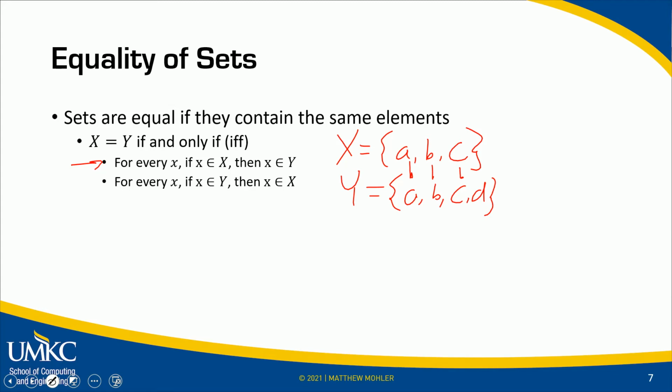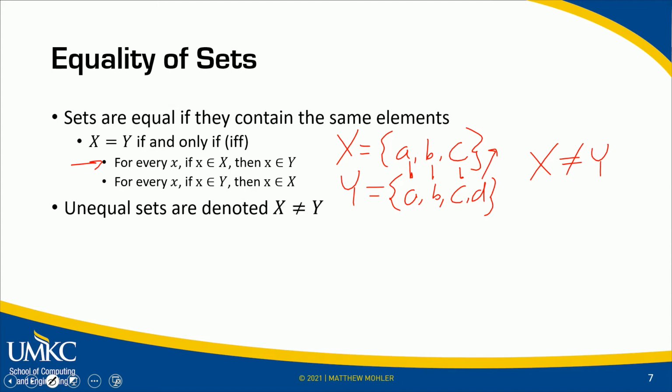But when we look the other way, we'll see that D has no matching element. And so in this case, X is not equal to Y. And if you notice, unequal sets are denoted as X not equal to Y. Equal sets are just denoted as X equal to Y.